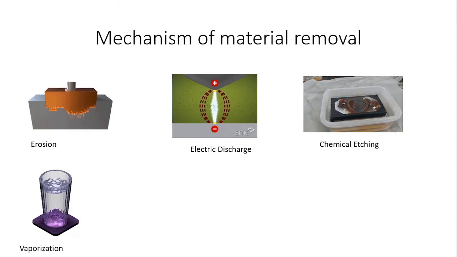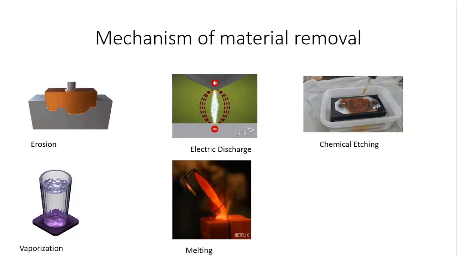Vaporization: our turbine blades and ship bottom impellers get damaged due to the vaporization process. So we can utilize that vaporization in machining, which is called the vaporization mechanism for material removal. And after that, melting. When I use a high energy spark or arc between the tool and workpiece, high energy heat is produced. Due to this heat, the metal melts. I can remove the melted material from the workpiece surface with high velocity air also.